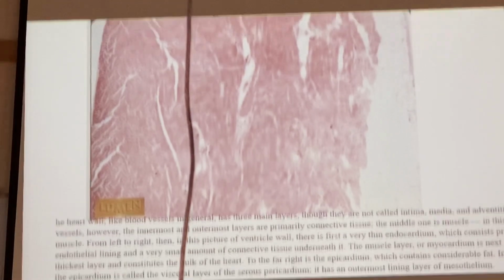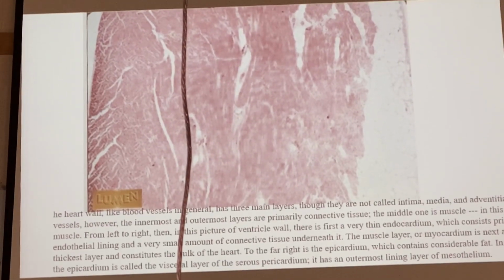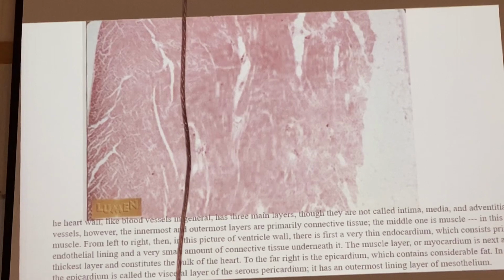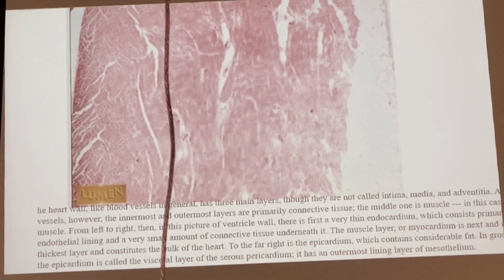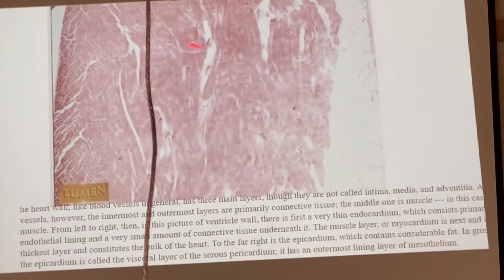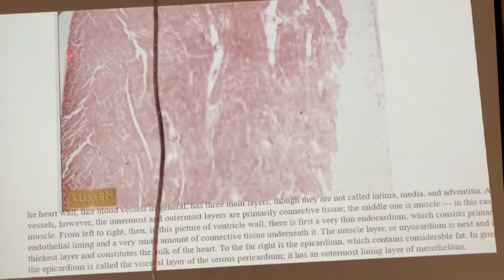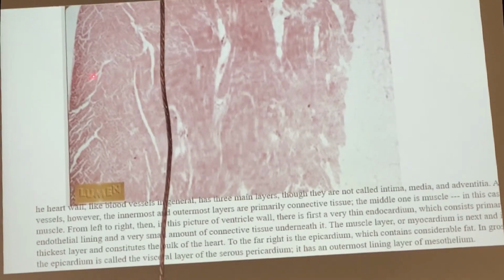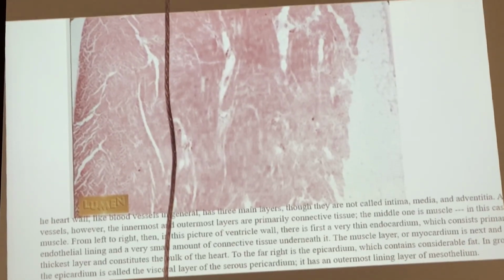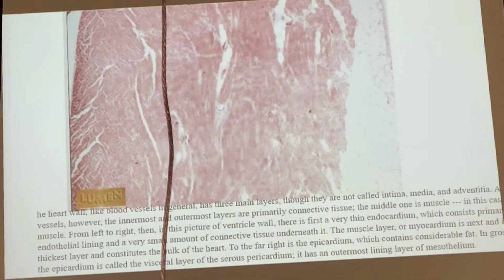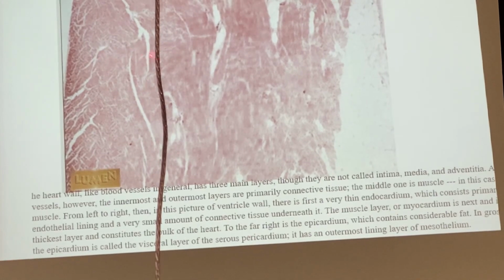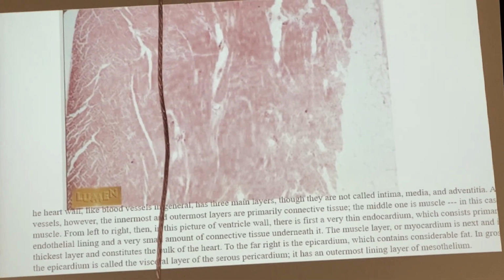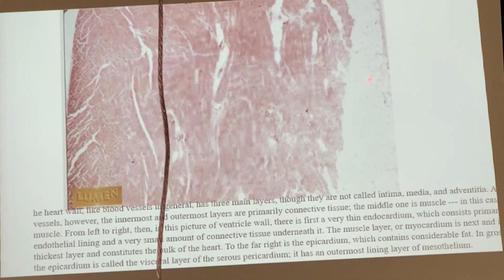Now, you have seen this section yesterday, and in this area, you start from here to there. So, not tunica, sorry: endocardium, myocardium, and epicardium.